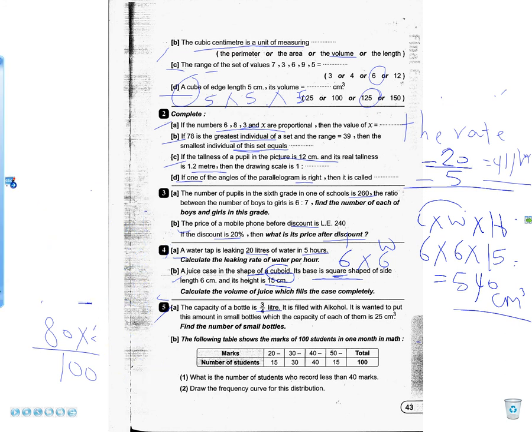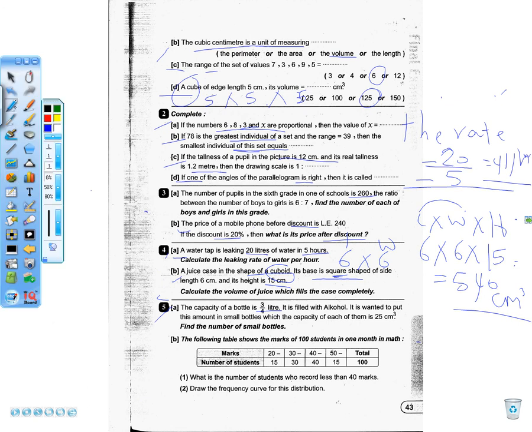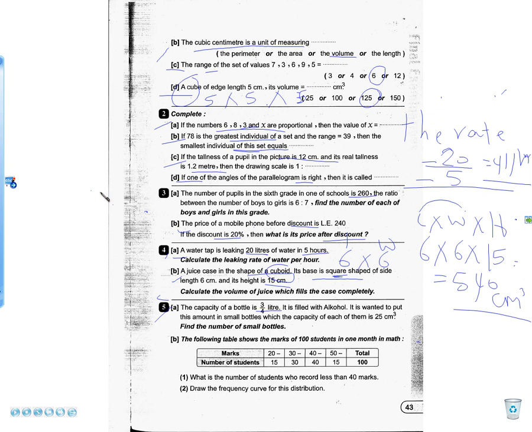The volume of the bottle is 3/4 liters and the volume of each small one is 25 centimeter cubed. We should have the same unit in order to get the number of small bottles.